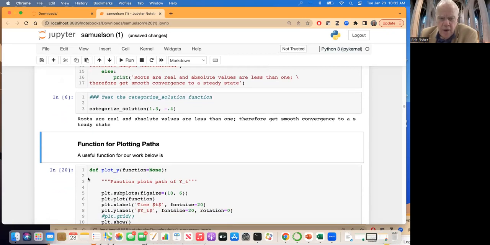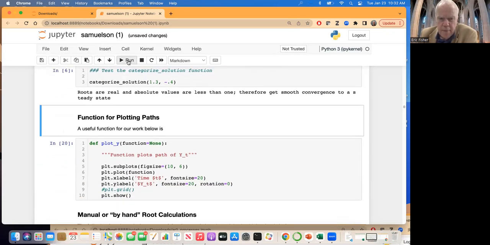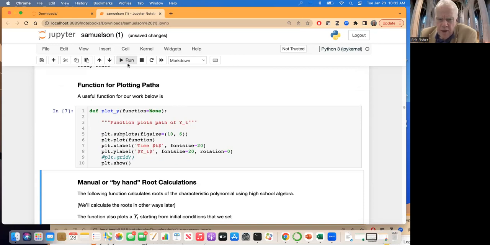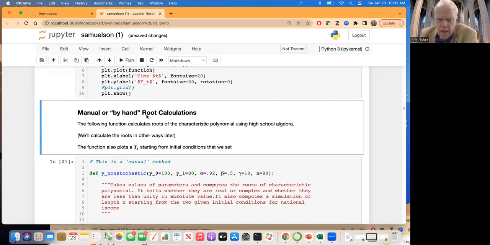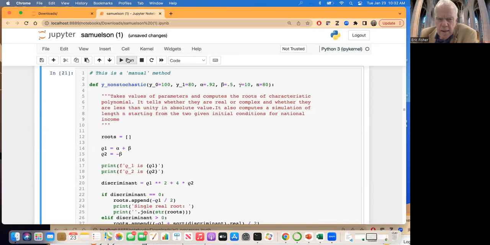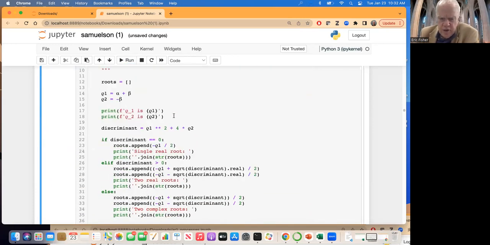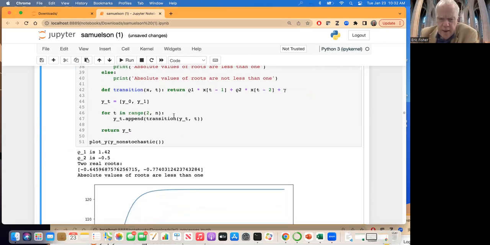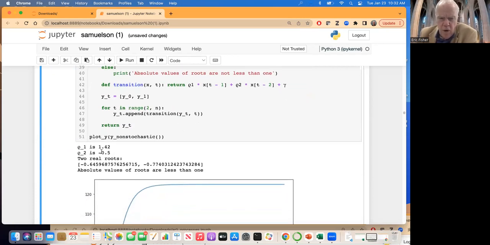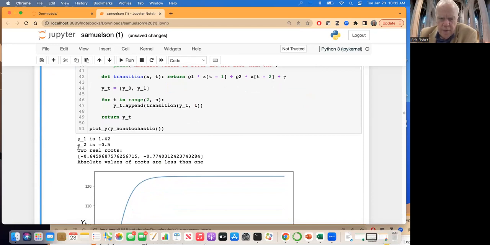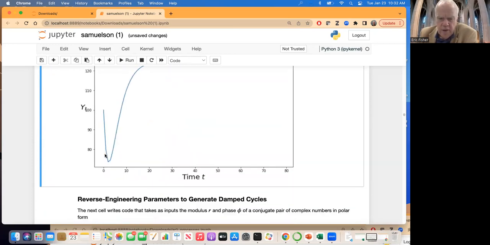Now, here's a function for plotting the paths of the variable. Again, this is code that he's written for you. If rho 1 is 1.4 and rho 2 is negative 0.1, now I'm going to show you there's going to be a shock.